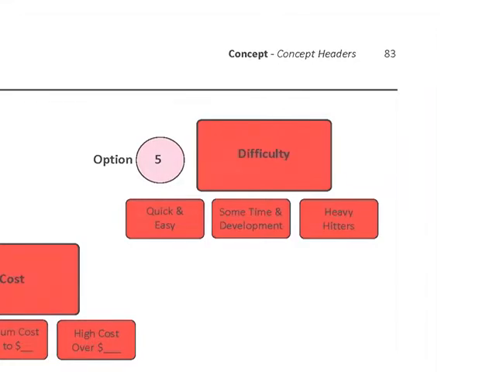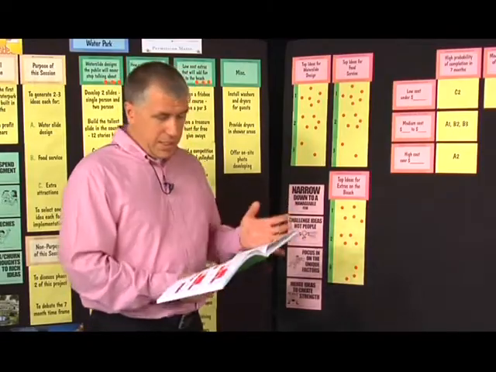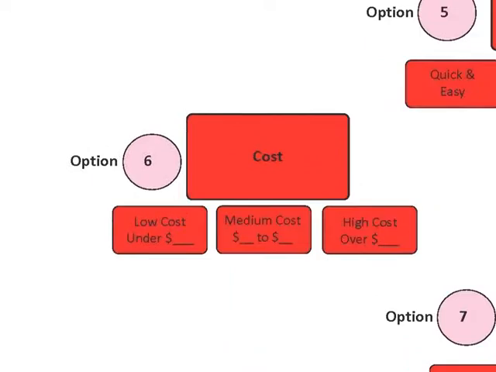They're very difficult. Option 6, you can see in the book, is cost. People frequently categorize under cost. And we have lines under there because you want to be able to give participants a framework for when they make their decisions. A low-cost idea to somebody, say in a nonprofit, could be under $100.